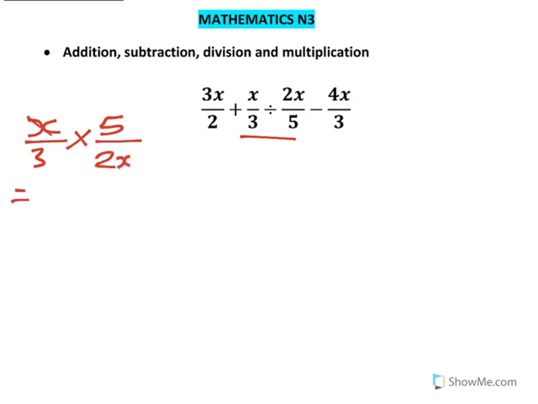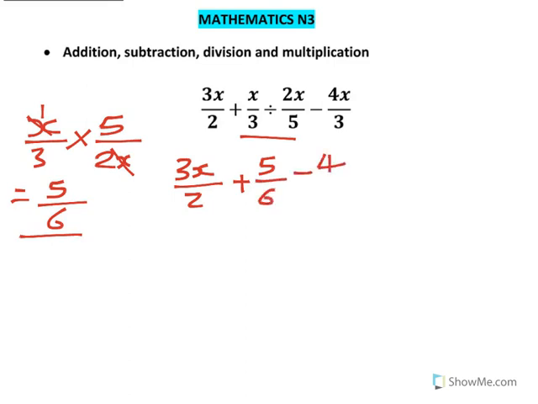You cancel out the x, so you're going to have a 1 there, 1 times 5, you multiply the top, you get 5. 3 times 2, the bottom, you get 6. Then this will continue to be 3x over 2 plus 5 over 6 minus 4x over 3.